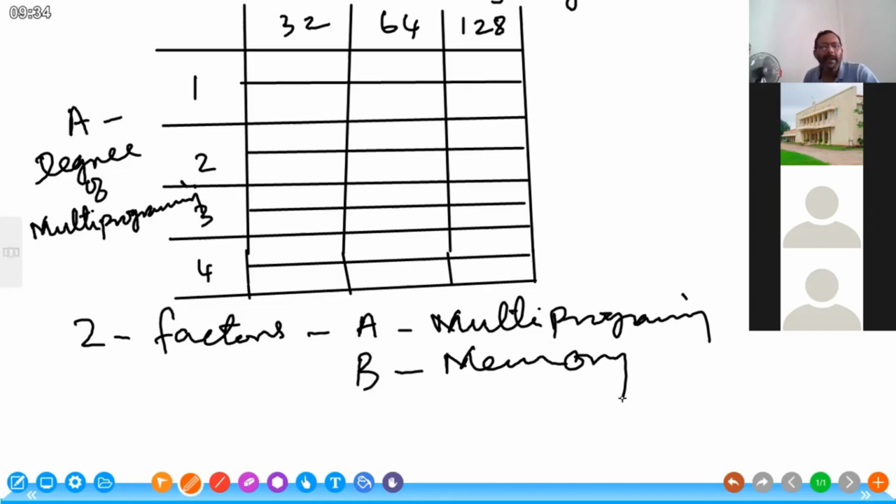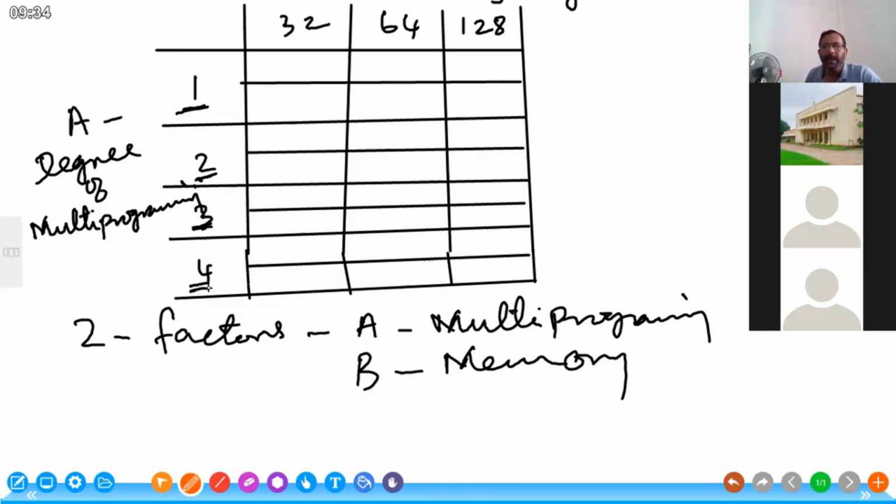So we want to see whether there is an interaction between the number of multi-programs and memory. For example, multi-programming means only one program, two programs, three programs, four programs, and so on. So how is the relationship between multi-programming and the memory size of the computer?